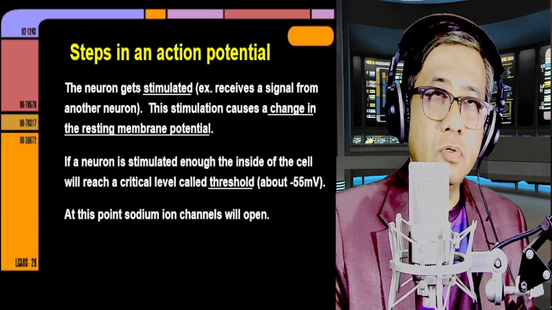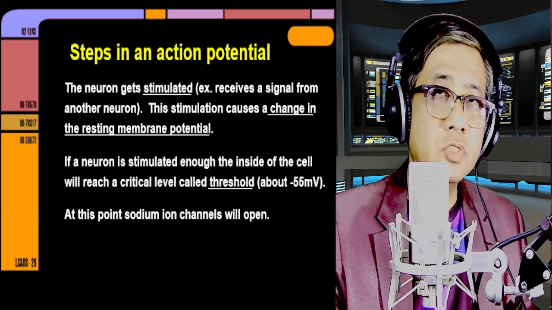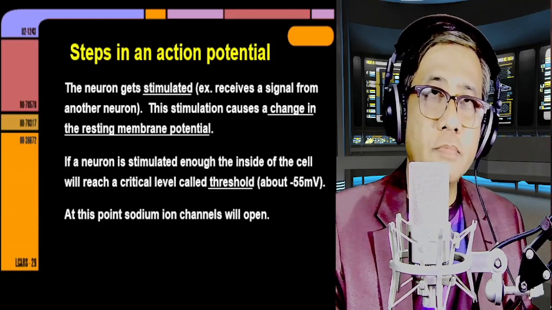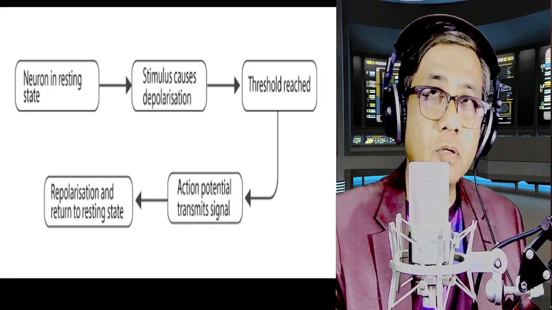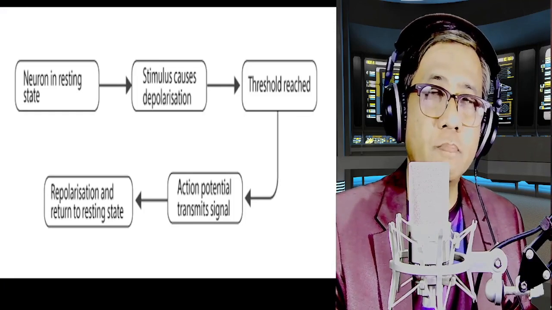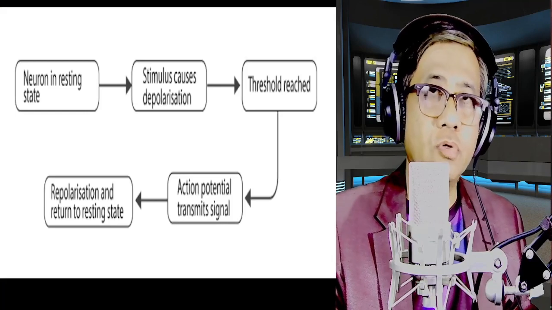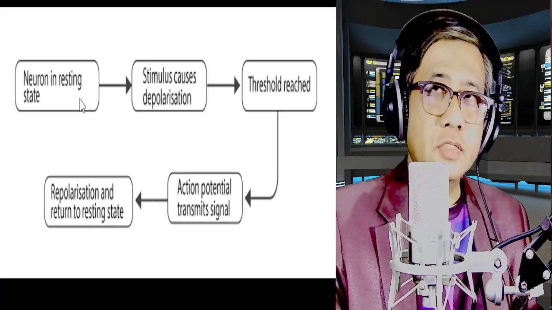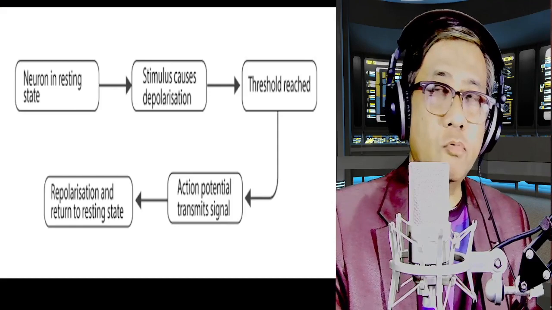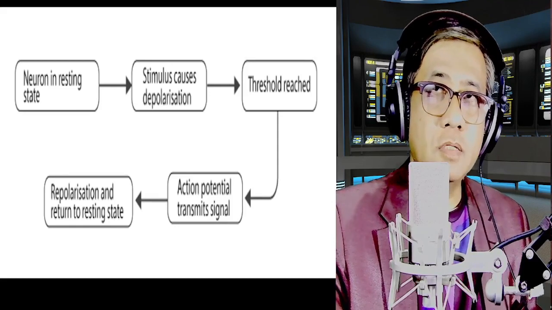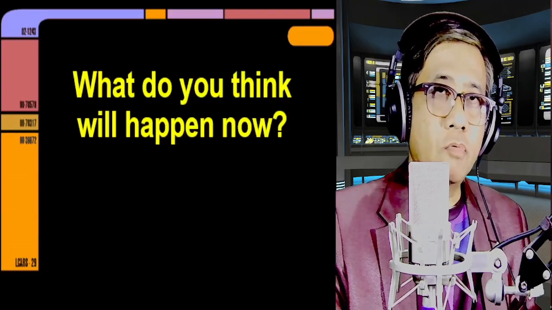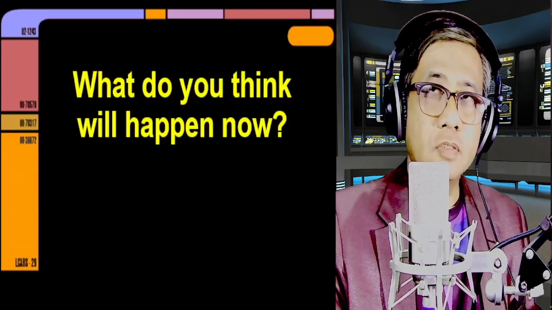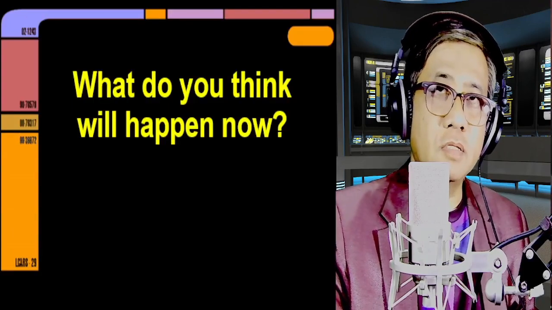As the sodium ion channels open, this will cause a change in the resting membrane potential, which we call a depolarization of the neuron. So at this point, let us now study this next step. Once the neuron gets stimulated, the neuron now is depolarized. Now, what do you think will happen once the neuron gets stimulated?